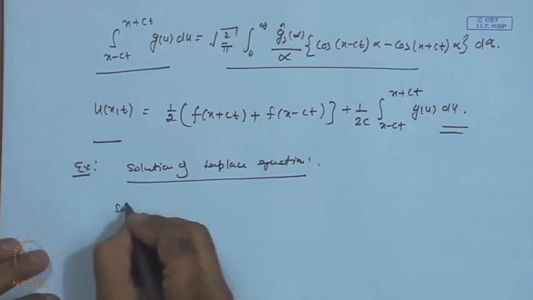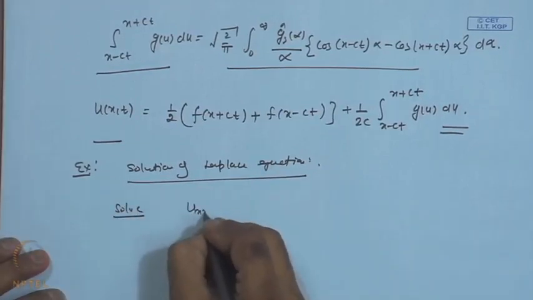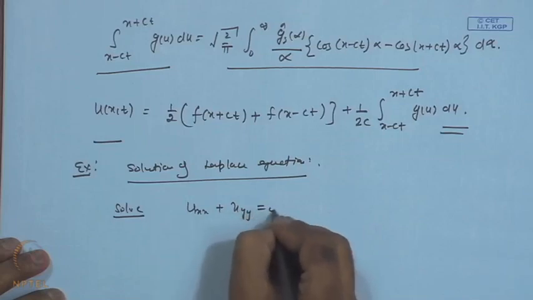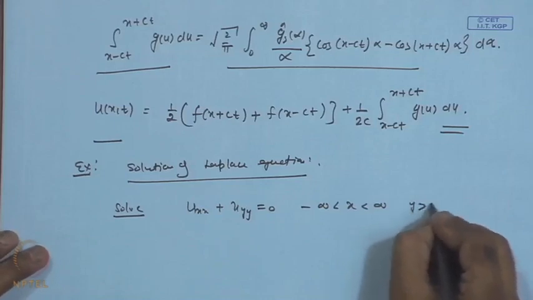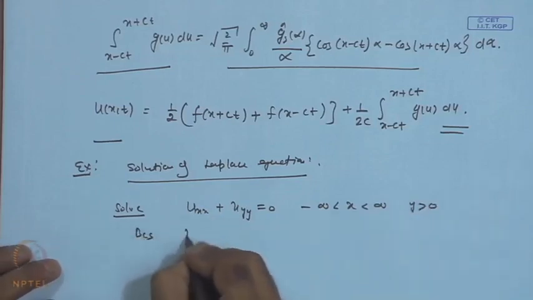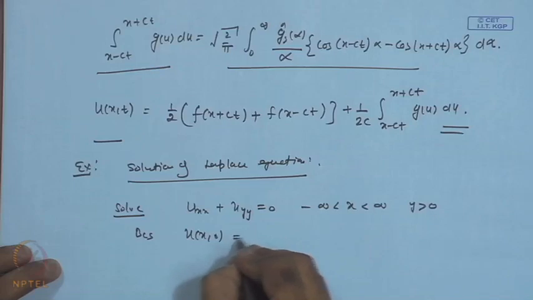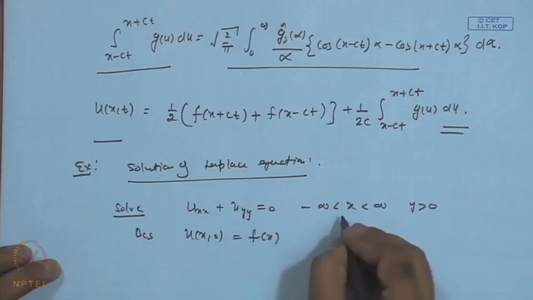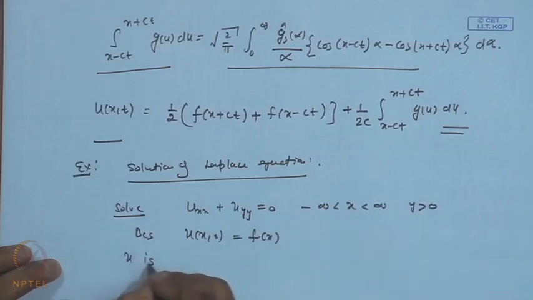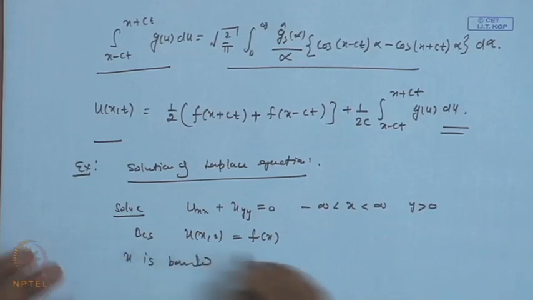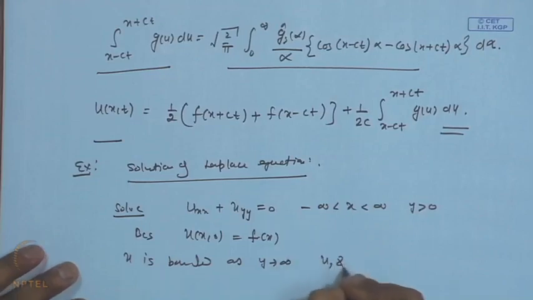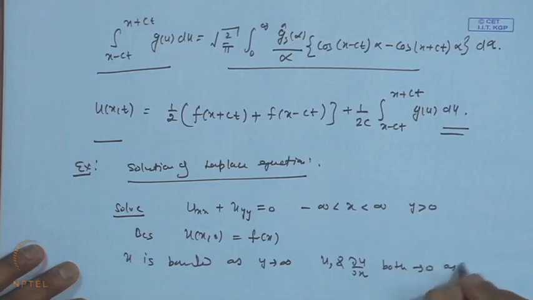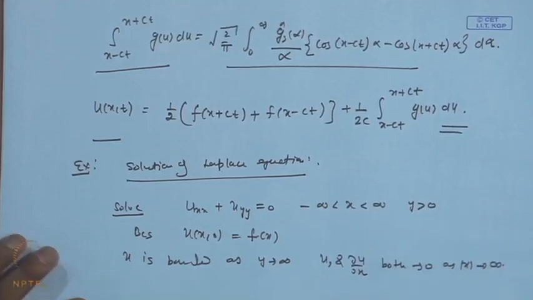So, in this case we solve u_xx plus u_yy is equal to 0, given for x from minus infinity to plus infinity, y positive, and the boundary conditions are u(x, 0) is f(x) again in the same range, and it is given that u is bounded as y approaches infinity, and again u and del u over del x both go to 0 as mod x goes to infinity.